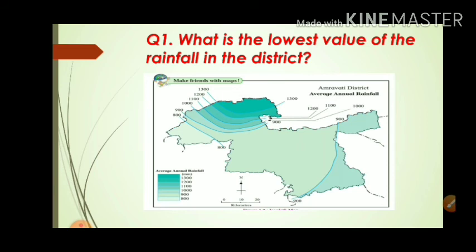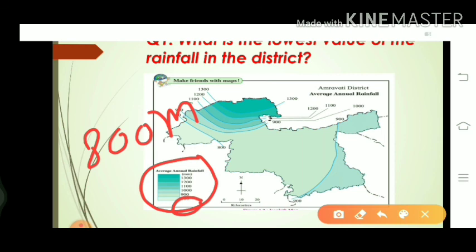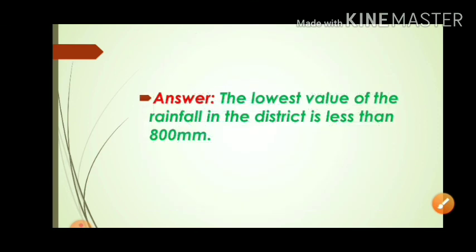The highest rainfall we can see here in the index, that is 1300 millimeter, and the lowest rainfall is here, that is 800 millimeter. So the answer of this question may be that the lowest value of the rainfall in the district is less than 800 millimeter.